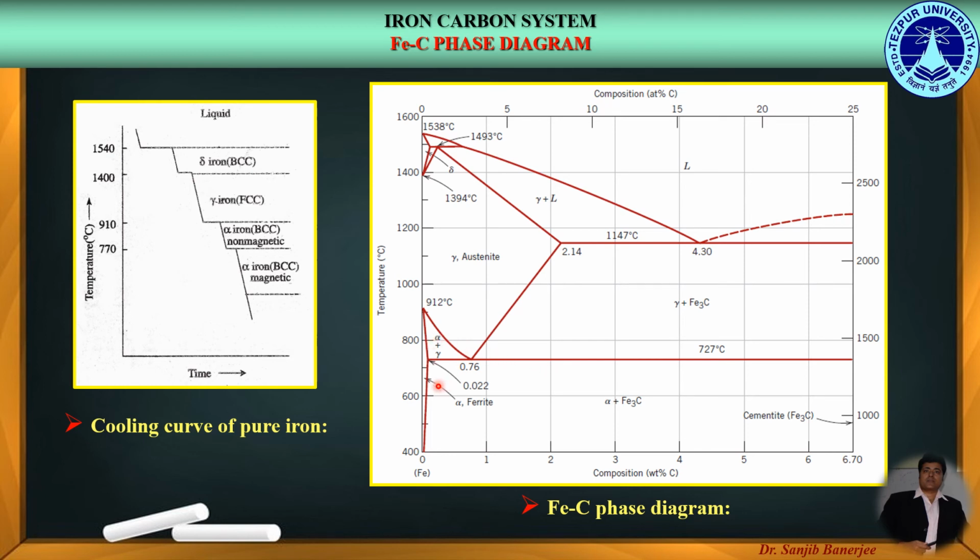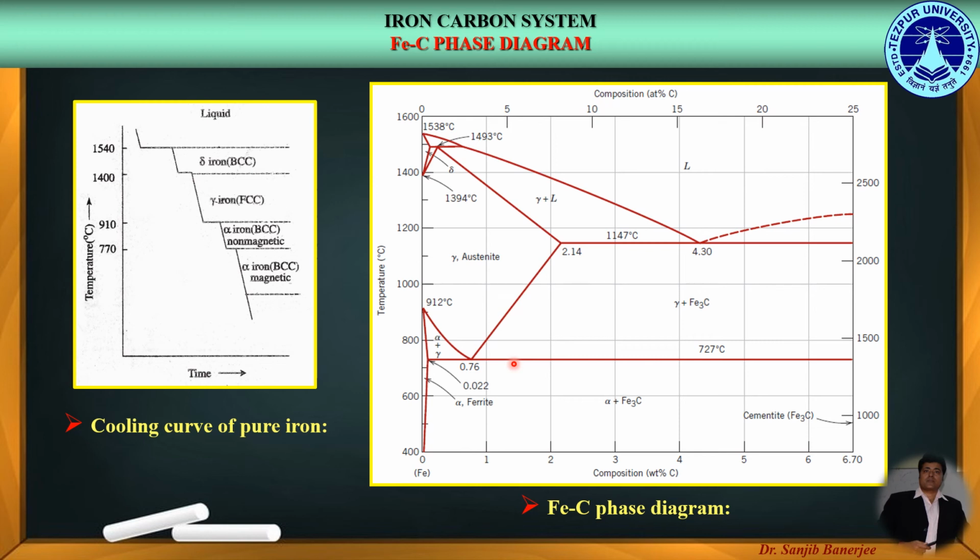In hypoeutectoid steels, we have primarily ferrite plus pearlite phase at room temperature, whereas for the hypereutectoid steels, they are cementite and pearlite. Now, the cementite is noticed over here as a network around the pearlite colonies. Since cementite is a hard and brittle compound, so the hypereutectoid steels have lower ductilities.